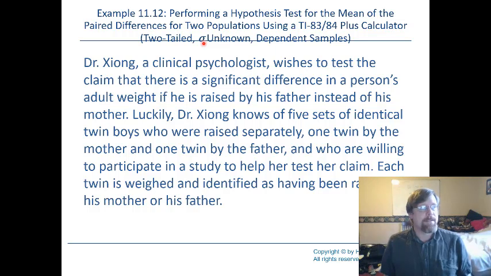This doctor happens to know 5 sets of identical twin boys who were raised separately, one twin by each parent. They were willing to participate in the study to help test the claim. Each twin was weighed and identified as having been raised by the mother or the father.